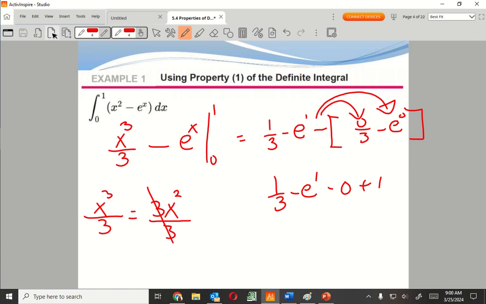So that means that my answer is going to give me 4/3 minus e to the first. Sound good?